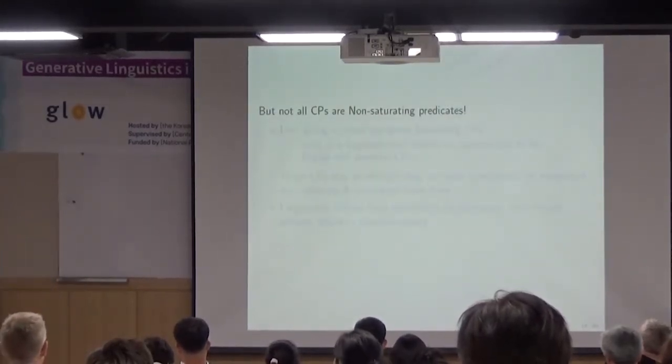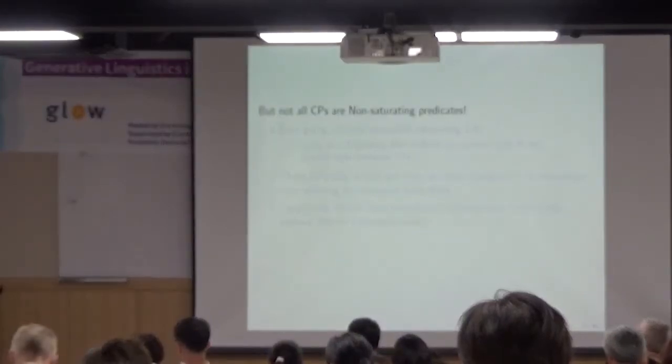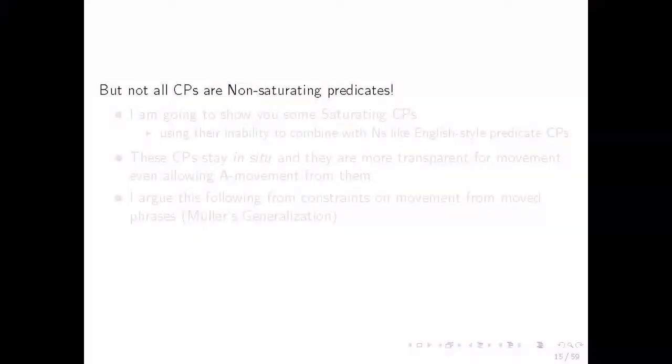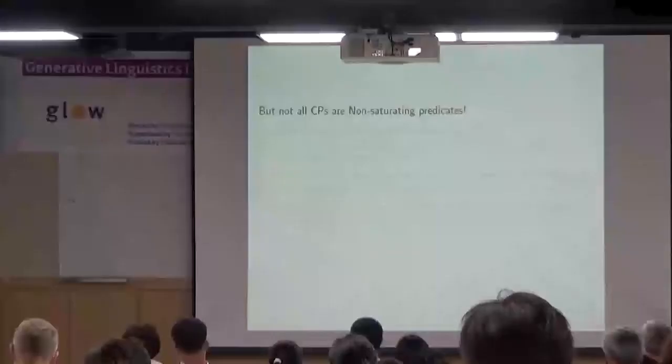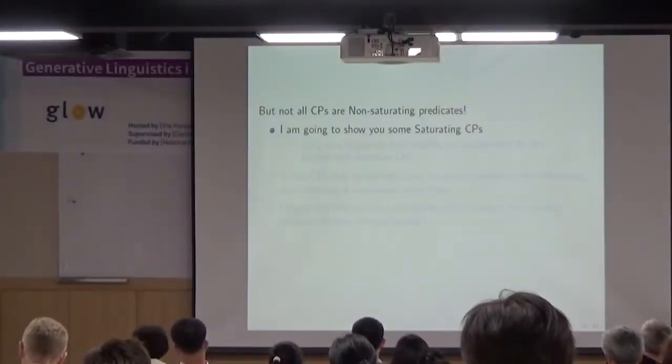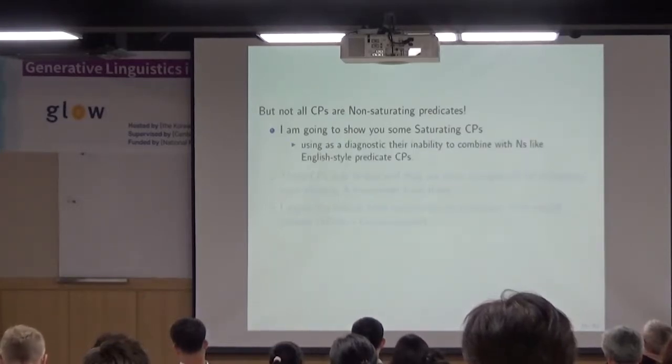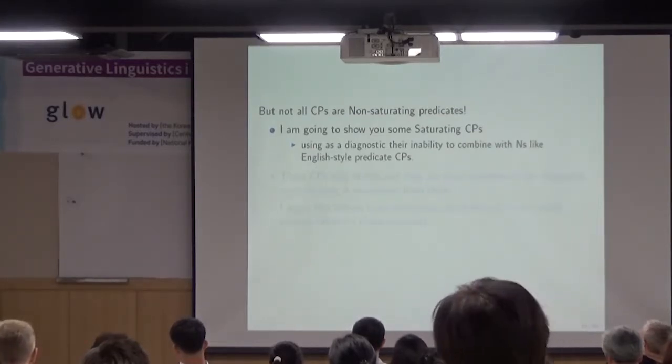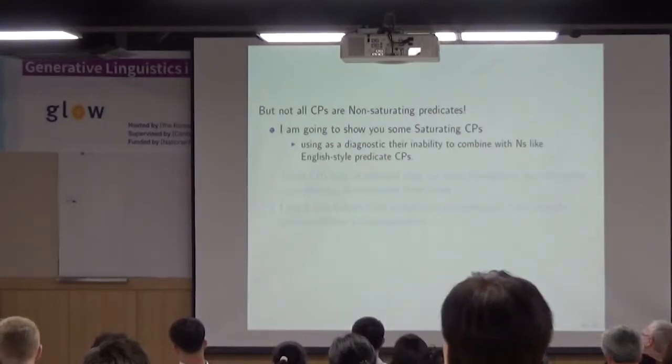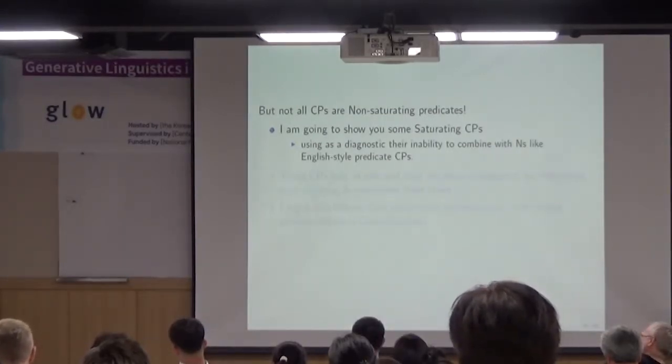Okay. But not all CPs in languages have the kinds of properties I just used to motivate the predicate analysis for English. So the rest of this talk, I'm going to show you saturating CPs. And I'm going to use the diagnostic of whether they can combine directly with a noun. So English CPs can combine with common nouns happily, but we're going to see some other CPs that don't combine with nouns happily. We've actually seen a few today already.